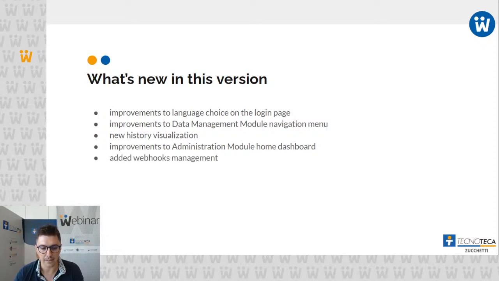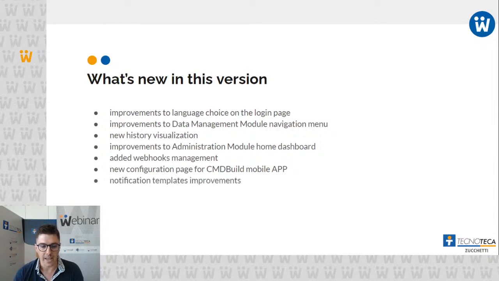We have also added the Webhooks management and a new configuration page for the CMDBuild mobile application. We have added some improvements to the notification templates and other minor features and improvements.